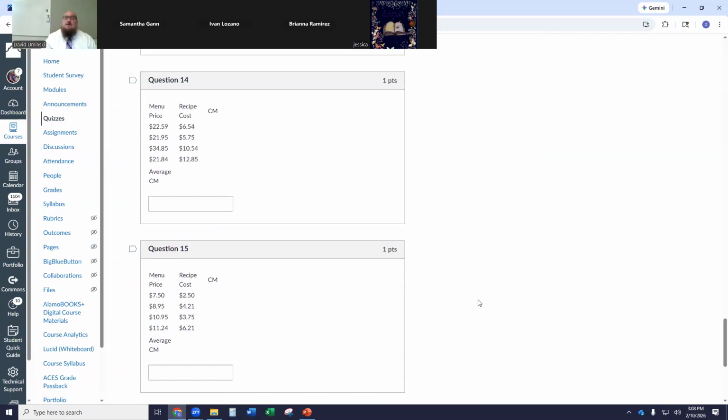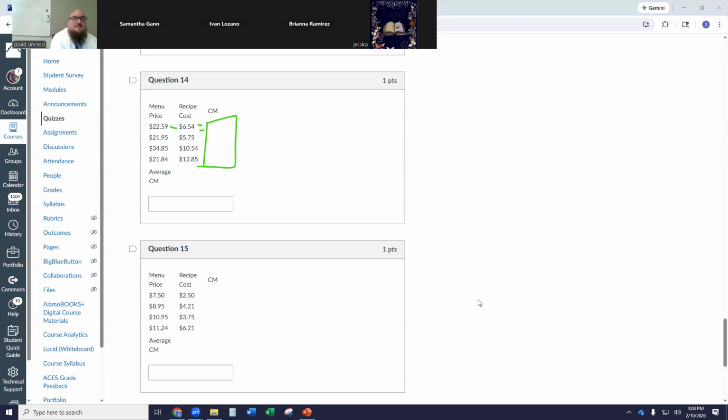Average contribution margin. Remember, we subtract the menu cost, the recipe cost, from the menu price. That will give us our contribution margins. That's the first step.